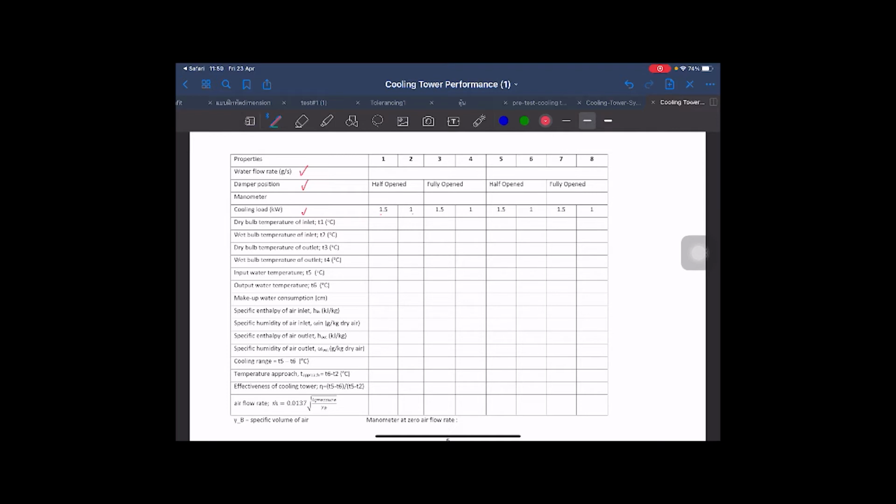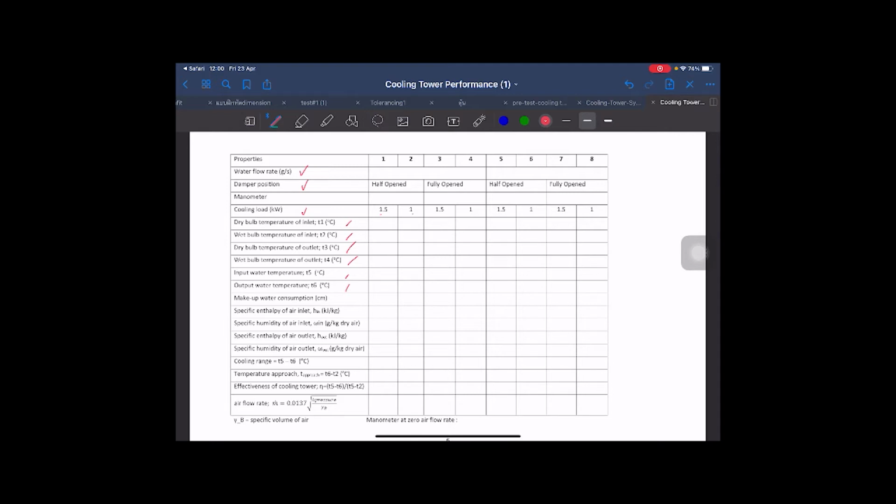In our cooling tower equipment, you have to record temperature 1, 2, 3, 4, T5 and T6. T1 and T2 are the dry bulb and wet bulb temperatures of the air inlet, and T3 and T4 are the dry bulb temperature and wet bulb temperature of the air outlet. T5 and T6 are the inlet water temperature and outlet water temperature, which you can record from the monitor at the equipment panel.